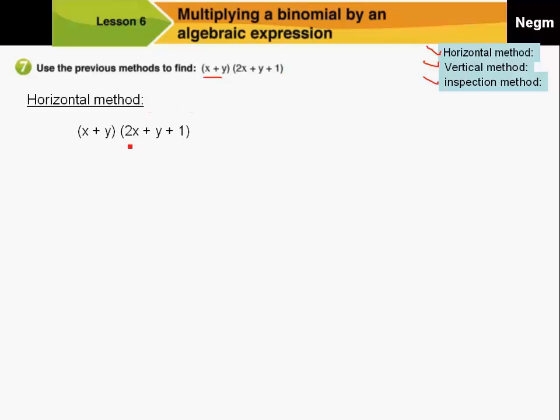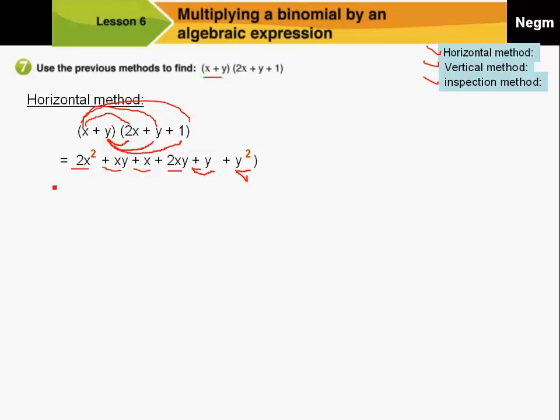We write the two expressions. x times 2x is 2x squared, plus x times plus y is plus xy, plus x times 1 is plus x, y times 2x is plus 2xy, y times y, plus times plus is plus, y times y is y squared, we write it here first, and y times plus 1 is plus y.